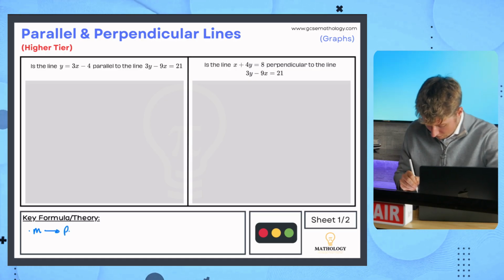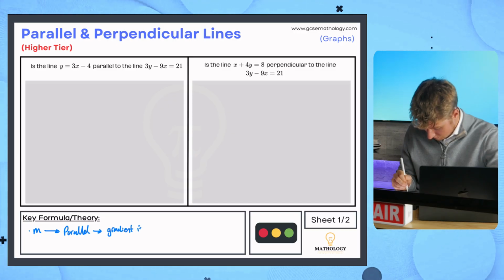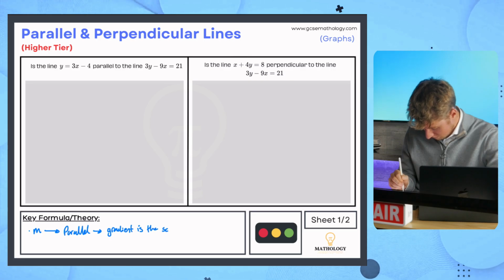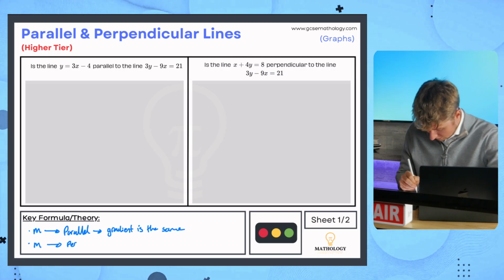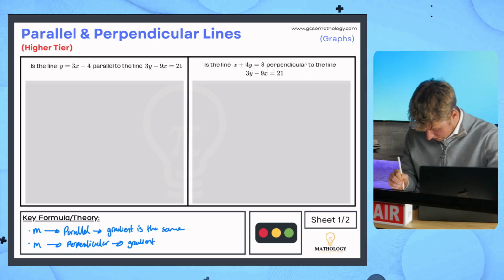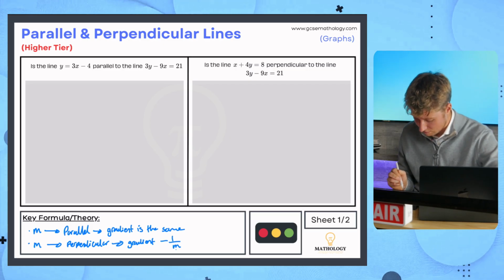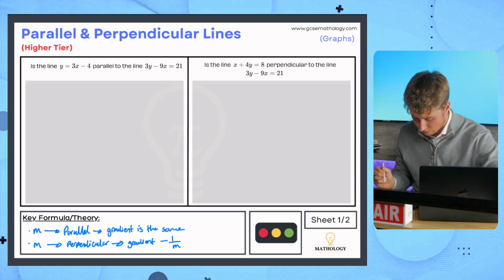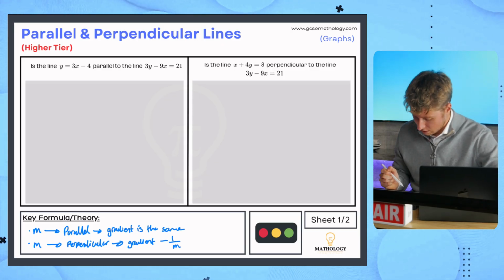For a parallel line, the gradient is the same, and for a perpendicular line, the gradient is the negative reciprocal, and we write it like this, so negative 1 over m of the gradient of the perpendicular line. So we'll cover that in more detail when we get to perpendicular lines.